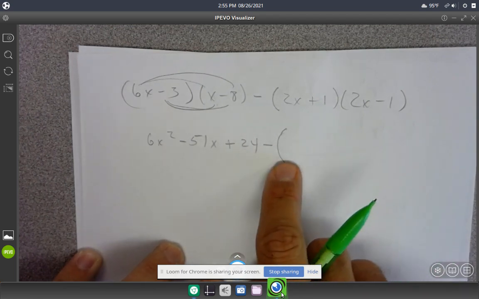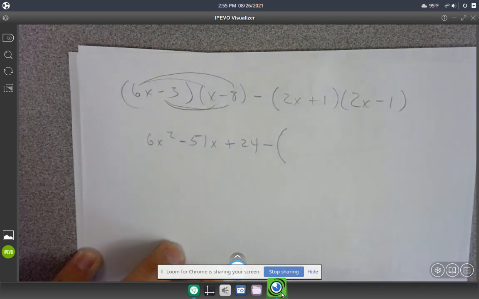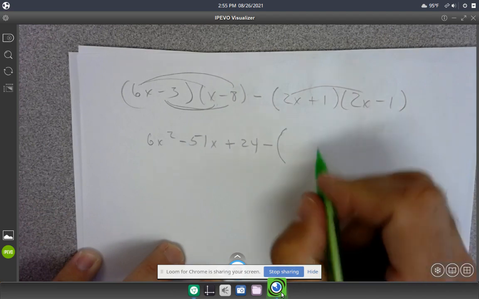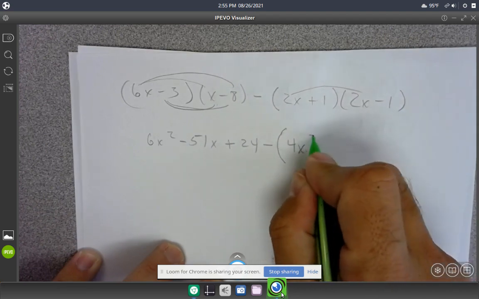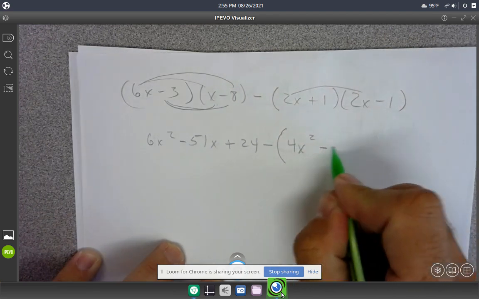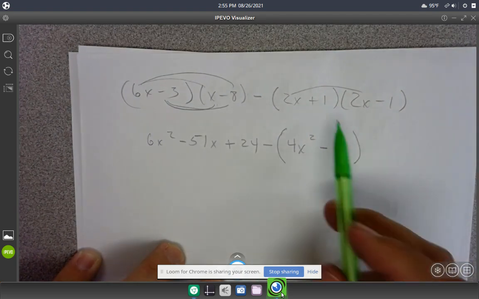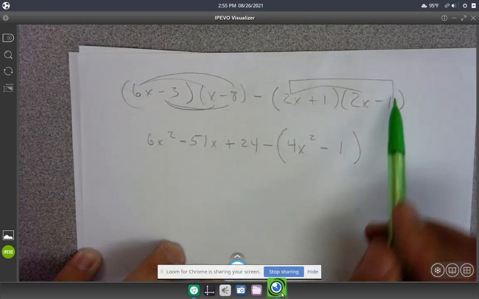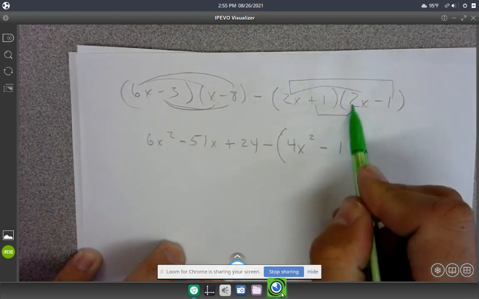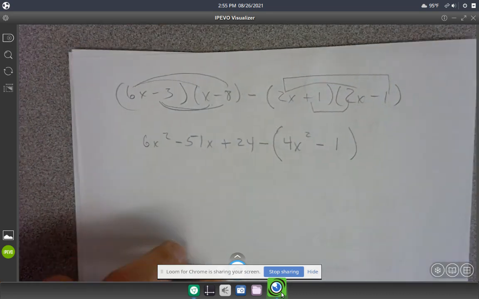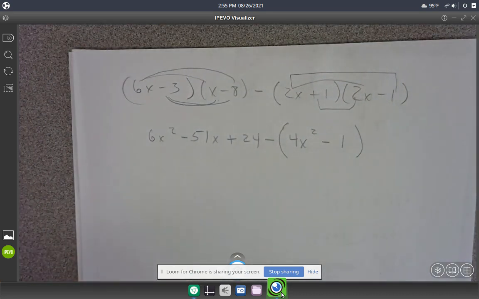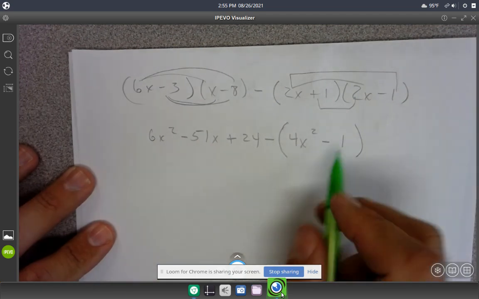But with the parentheses, you'll end up subtracting the whole thing, which is good. We want that. All right, difference of squares, it's going to be 4x squared and then minus 1. Again, those middle terms are going to cancel each other out, so you don't have to write them. All right, distribute your negative.